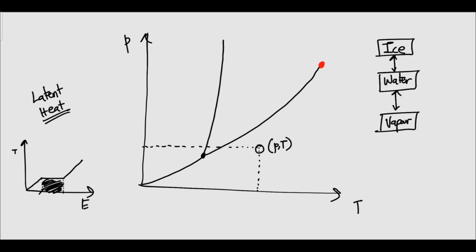As we could probably already think, this area represents solid water, so ice. This one is for liquid water, which is the water that we drink. And this one would be for vapor, so gas.